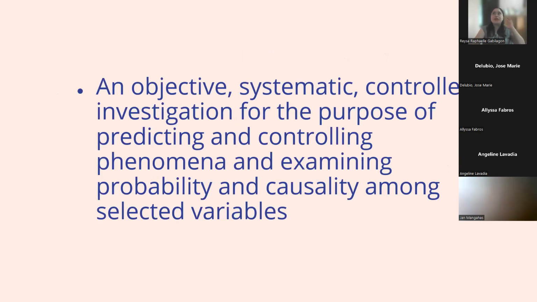systematically. So we are going to follow certain stages or steps in the experimental procedure. We will be objective with our results, unlike qualitative research where we analyze our linguistic data based on our own understanding.